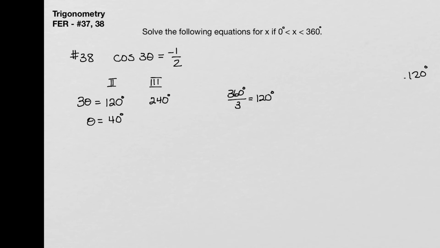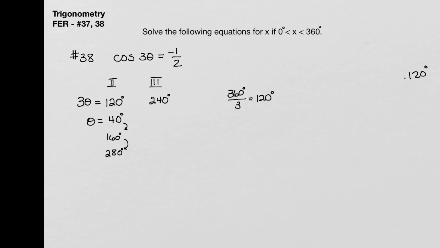So I will add 120 to the 40, and that gives me 160 degrees. Add it again, and I'm at 280 degrees. And if I tried adding another 120 degrees, I'd be at 400, which is too much.